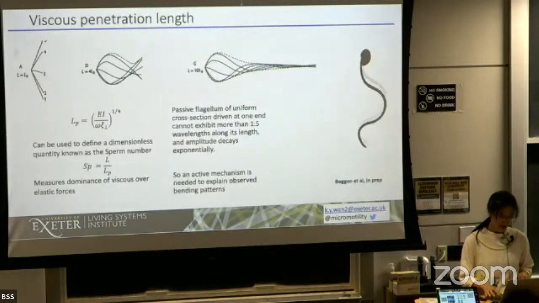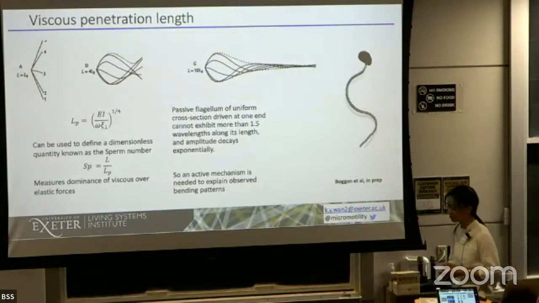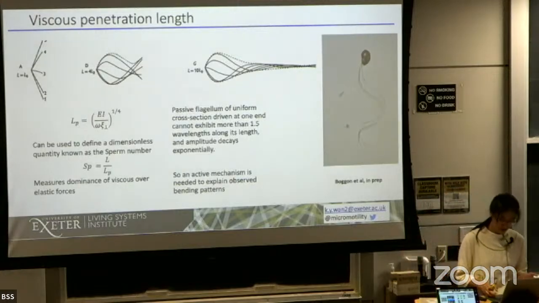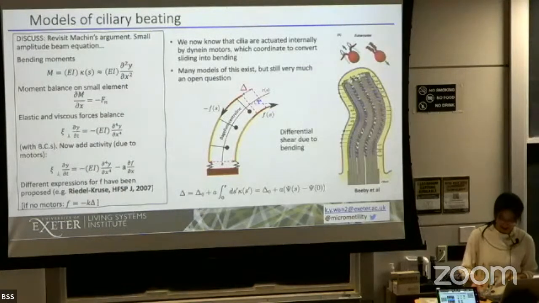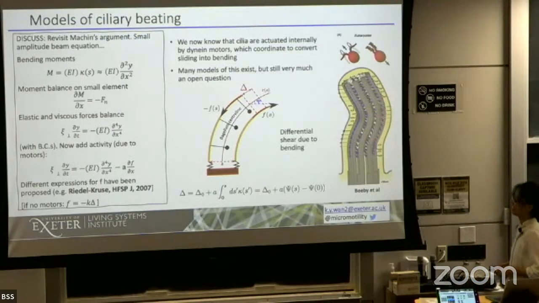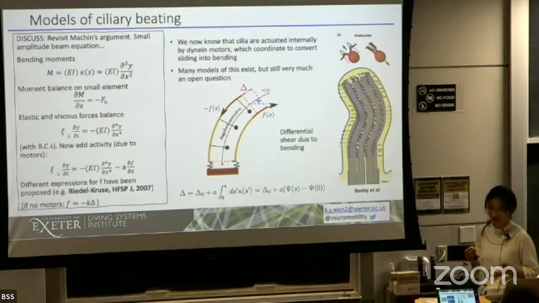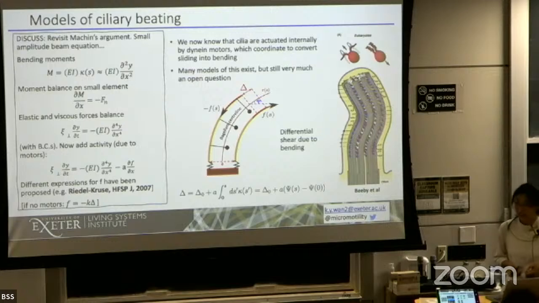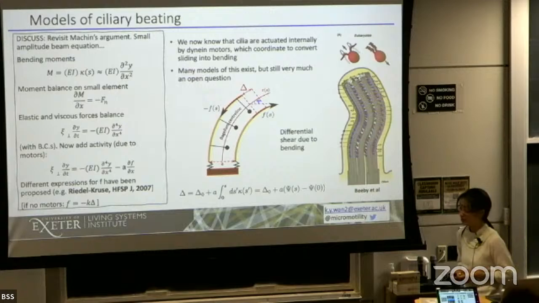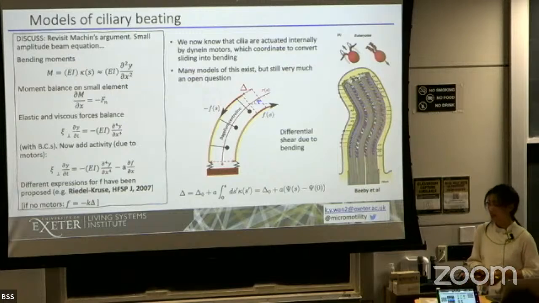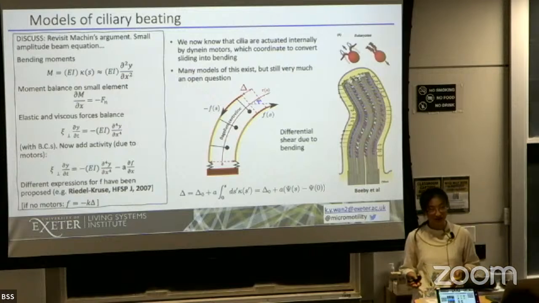Right. So after all of this, we now obviously have tools to really visualize these structures in much more detail using techniques such as cryo-electron microscopy or cryo-electron tomography, where many groups have figured out the exact identity of these motors along the filament, and this actually falls into many distinct species that we think are important for regulating different aspects of the beat pattern.